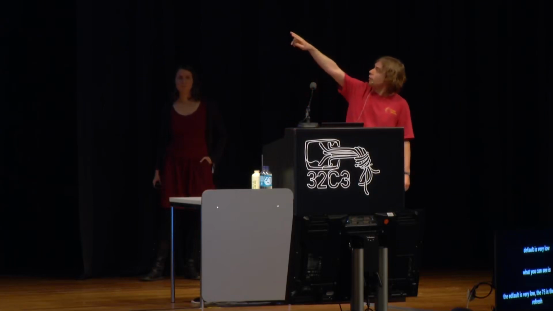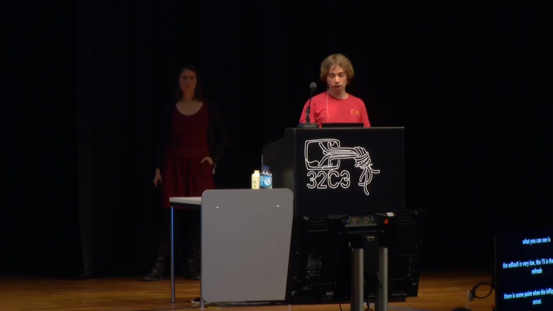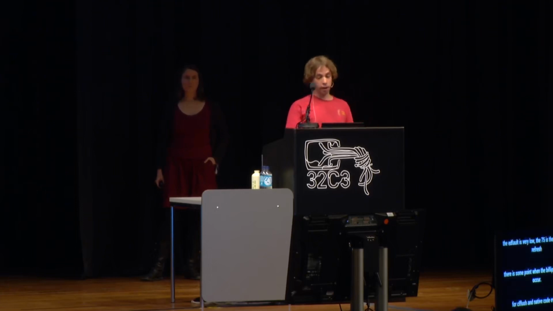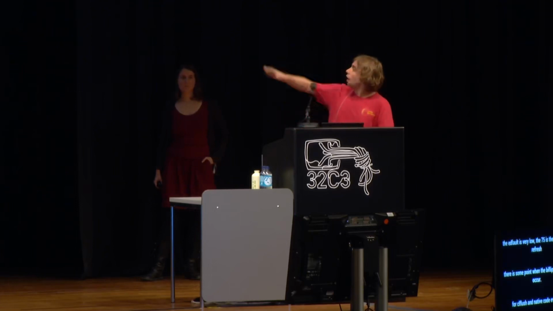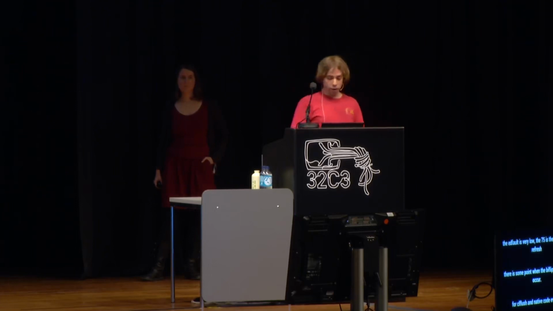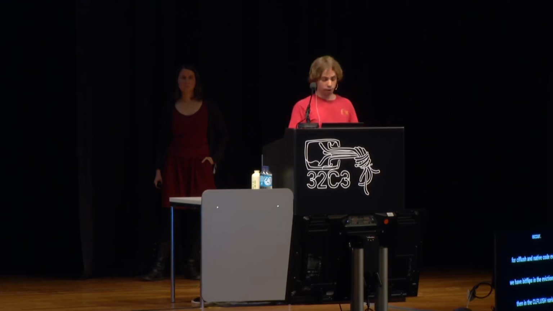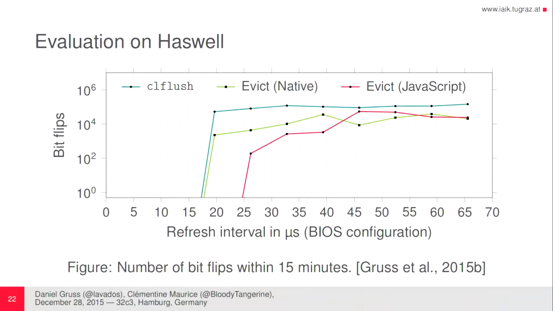For CLFLUSH and for native code eviction, it's approximately the same. We have a bit fewer bit flips in the eviction variant than in the CLFLUSH variant. And in the JavaScript variant, it takes a bit higher refresh interval, because JavaScript is apparently a bit slower than our optimized native code. So this is the number of bit flips within 15 minutes.